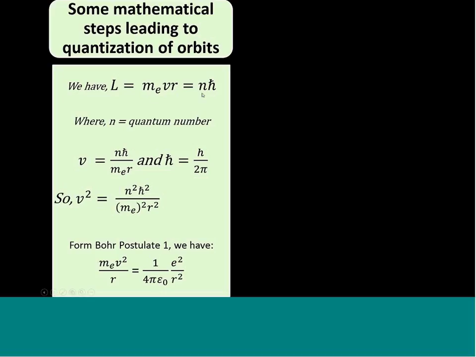Ini yang kita dah ada buat yang sebelum ni. Okay, L equal to ME, VR equal to n H bar, di mana n adalah quantum number. So kalau kita ambil V saja, so kita ada V equal to n H bar.